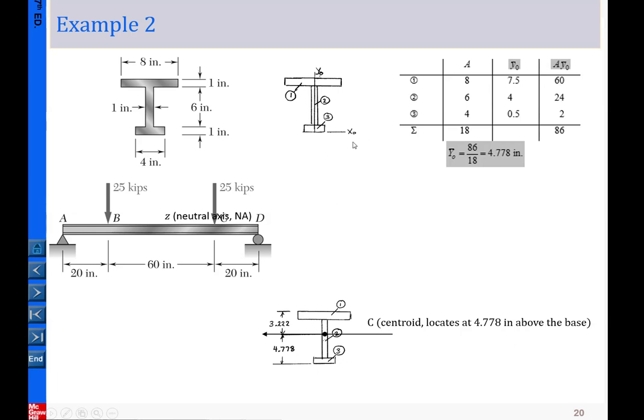Again, for this exercise I still take the bottom as the datum for my measurement. This case is the situation of a beam, and later we will continue this example to proceed with the other calculations.